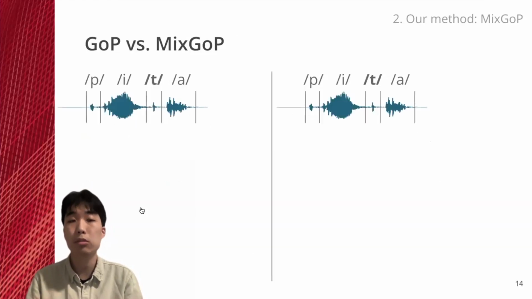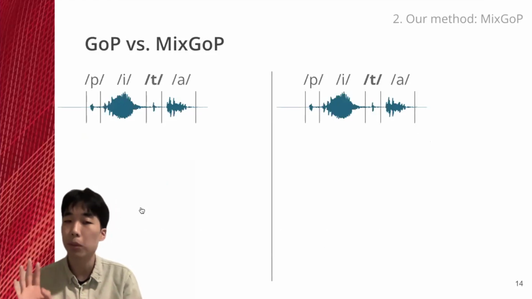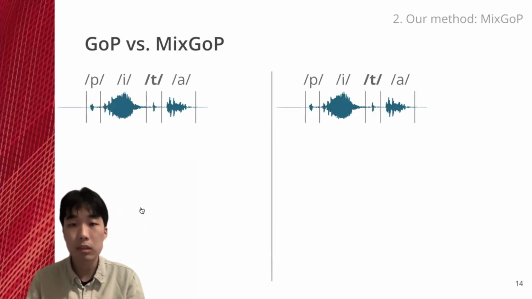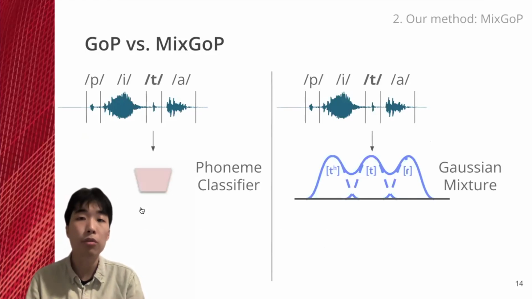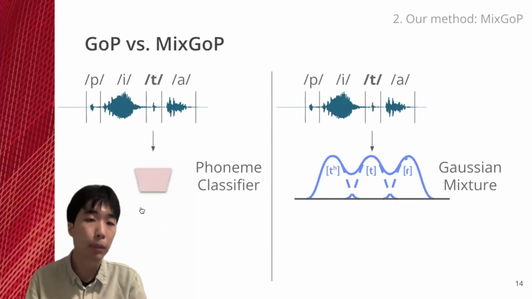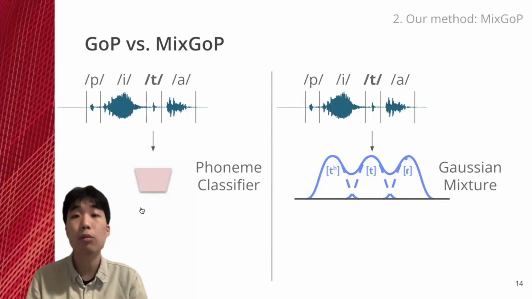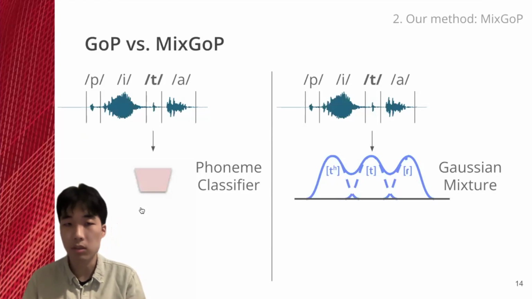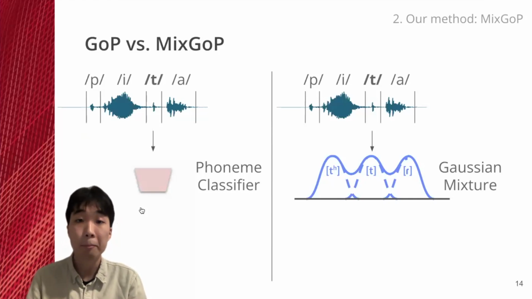So let's do a quick comparison between the GOP, the left one, and the mixed GOP, the right one. So input is the same, ground truth phonemes and their start and end time within speech. And we feed those speech segments through a model which is trained with typical speech. However, we swap the phoneme classifier with the Gaussian mixtures to have multiple clusters, so to model allophones.